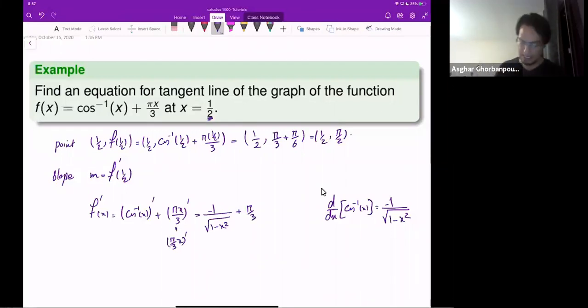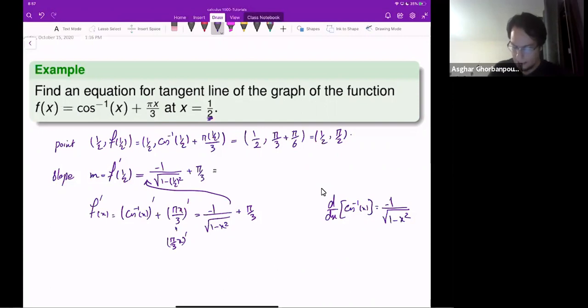So that is f prime. Now evaluated at 1 over 2. So it will be negative 1 over root 1 minus half squared plus pi over 3.